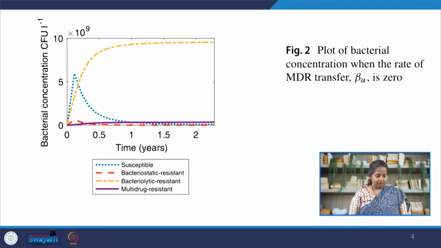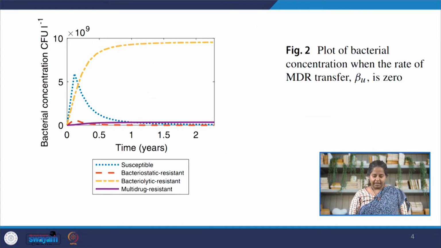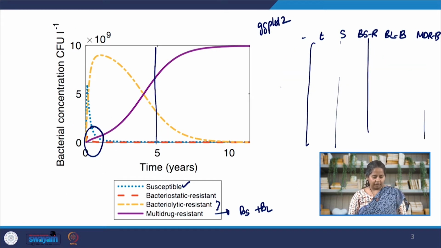So this is the data that we get using the information we have from the farm as parameters in our model. Now here, once you have a working model on your simulation platform, whether it's MATLAB, R, Mathematica, Octave or whatever, you can vary things. So what happens when the rate of MDR transfer is 0? We have drugs, we have chemicals that we know can stop the horizontal transfer of antibiotic resistant genes.